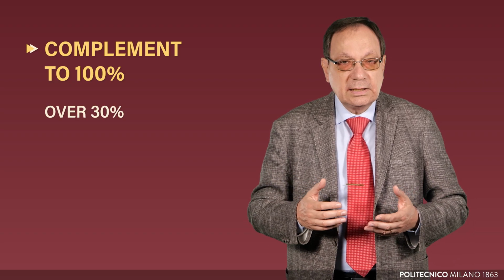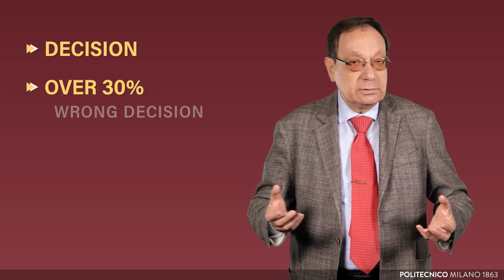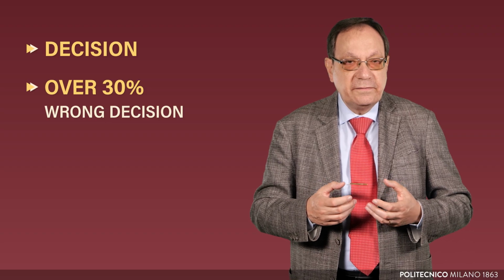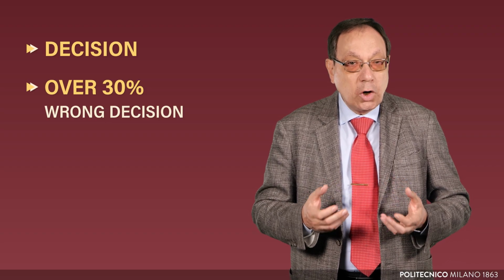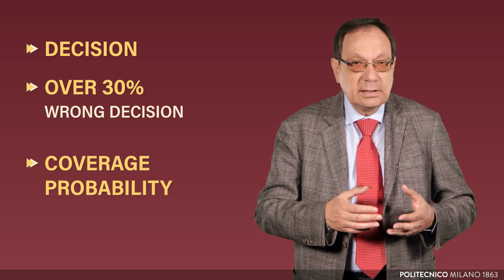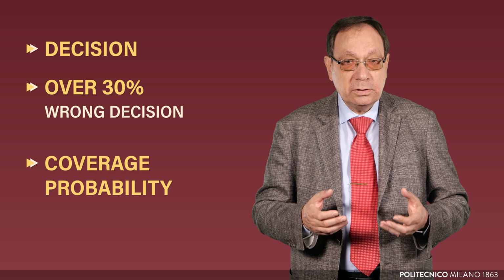This means that if we use that measurement result to make a decision, there is a probability greater than 30% that the decision will turn out to be wrong. It is therefore useful and appropriate to define intervals with a coverage probability greater than that associated with the interval built from the standard uncertainty.